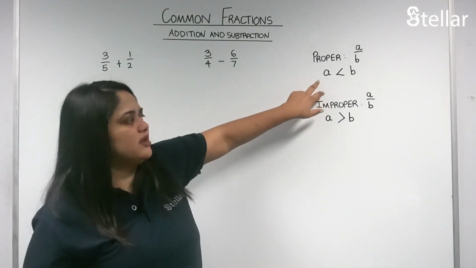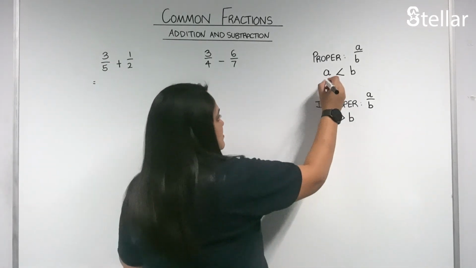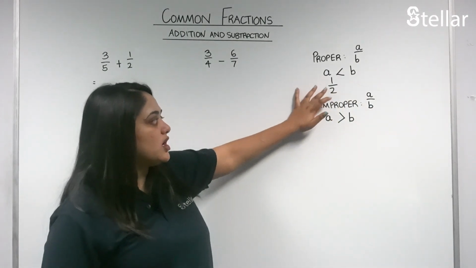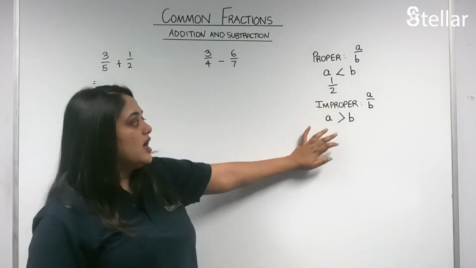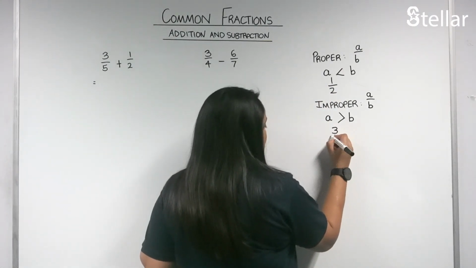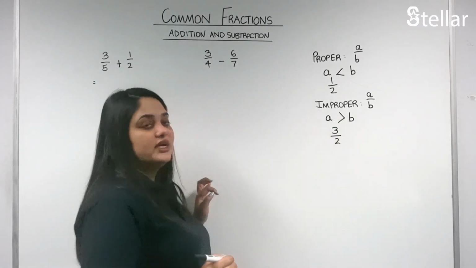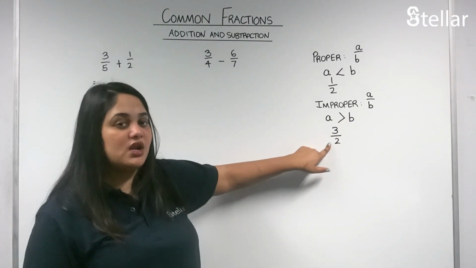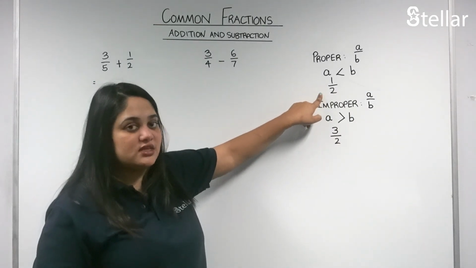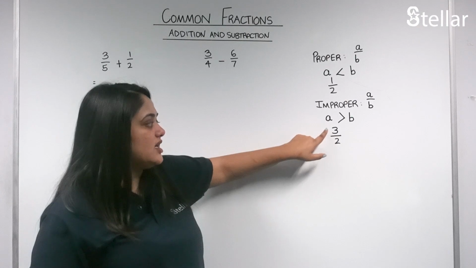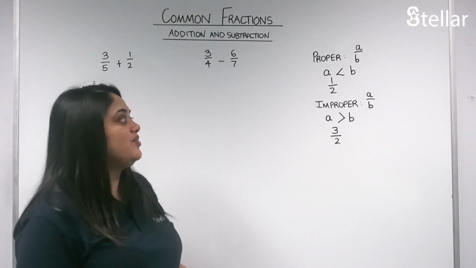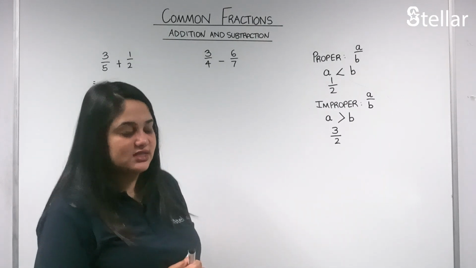What is an example of this? An example will be 1 over 2, the simplest. 1 is smaller than 2. An improper fraction would be, for example, 3 over 2, where the denominator is smaller than the numerator. So in this case, the numerator is smaller than the denominator, and in this case, the numerator is larger than the denominator. And that's proper and improper fractions.